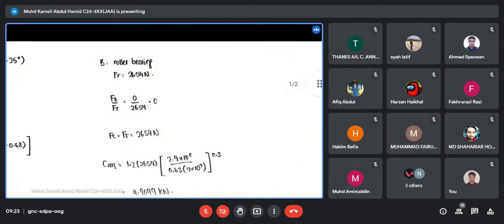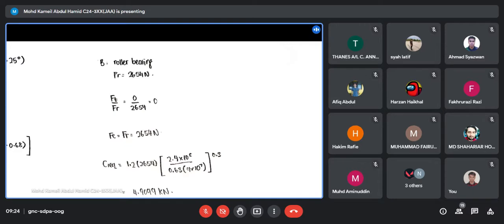Okay, so next one, roller bearing. Okay, so roller bearing, bearing B, FB is equal to RB, which is 2654. Okay, so 2654, we find the FT over FR.